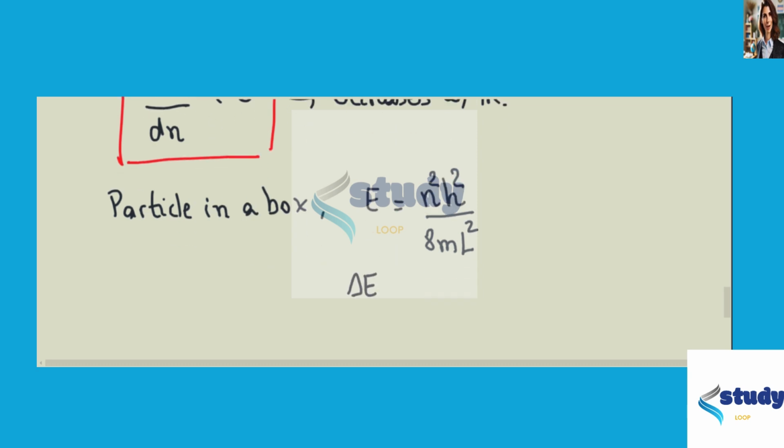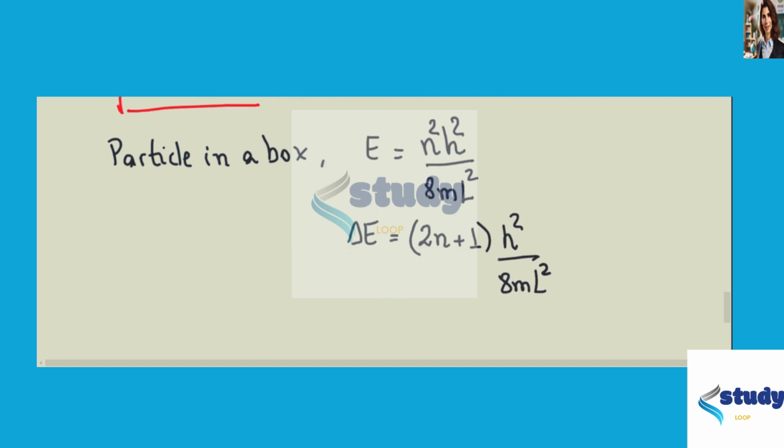So this means that the energy difference is equal to 2n plus 1 times h squared divided by 8mL squared. So notice that as n increases, the energy difference also increases. So it's different from our case.